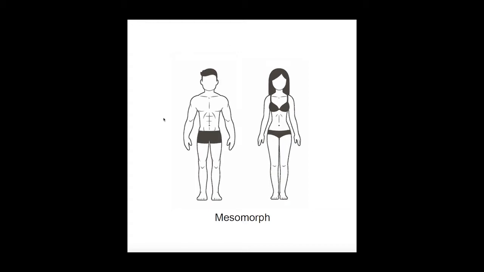Okay, the mesomorph. I'm pretty sure a lot of the gents are familiar with this. It's almost like the Arnold Schwarzenegger type of physique, also the beautiful swimsuit model bikini figure. They have a very athletic build, characterized by their bone structure where their shoulders are wider than their hips.